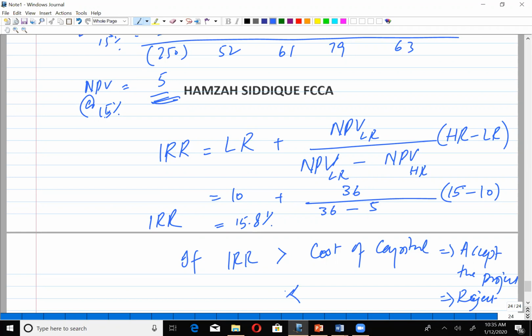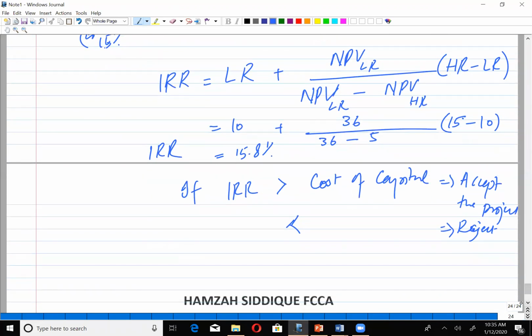So students, let me explain one thing over here. Why do we say it should be accepted? For example, here IRR is 15.8% and cost of capital is 10%.